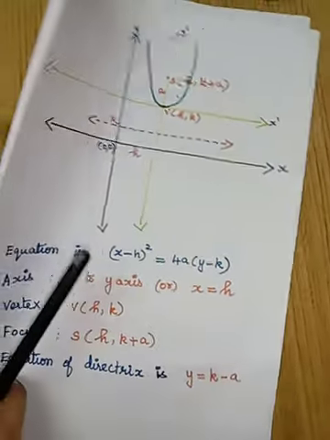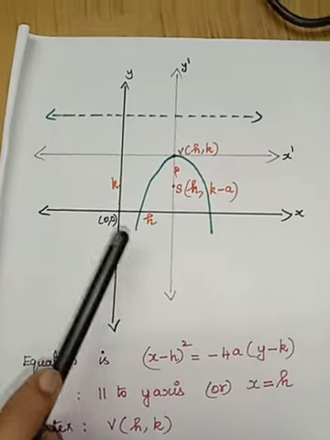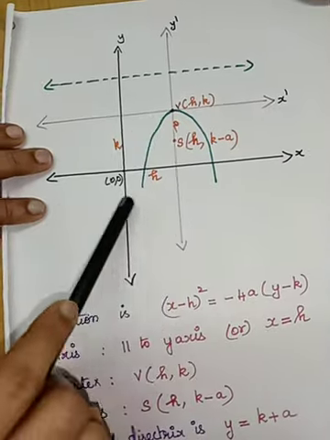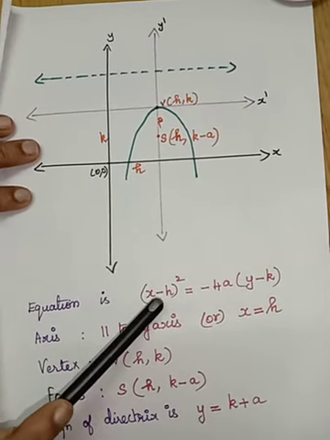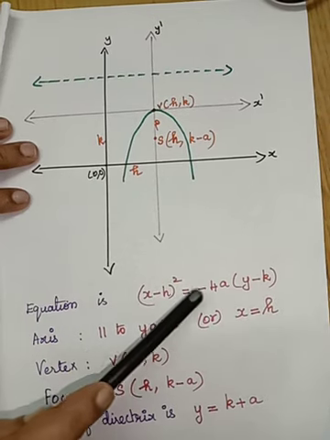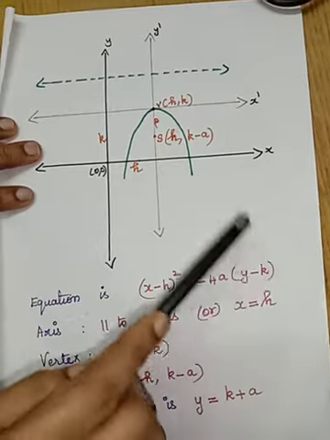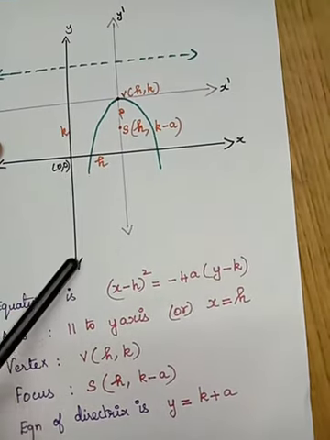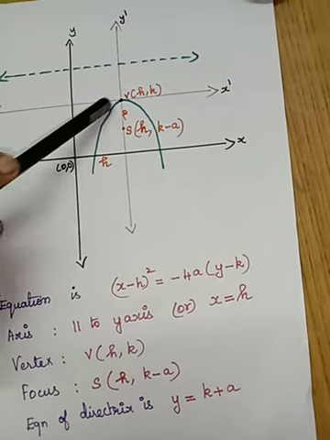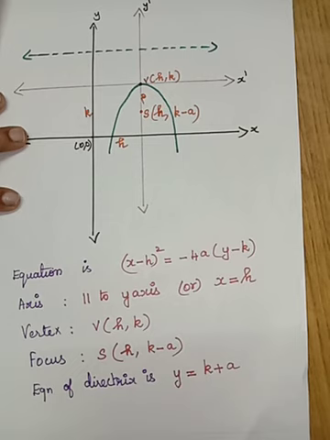And the fourth one, the next one, is the parabola which opens downward, whose equation is x minus h the whole squared is equal to minus 4a into y minus k. Which is the axis? Y dash, which is parallel to the y axis. So the vertex is h comma k. Go for the focus.